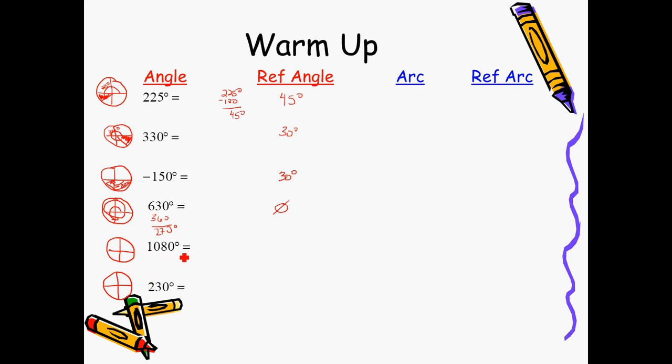1080, that's 360 and 360 is 720, plus another 360 is 1080. So that one is 1, 2, 3. Also no reference angle since you landed on a boundary.